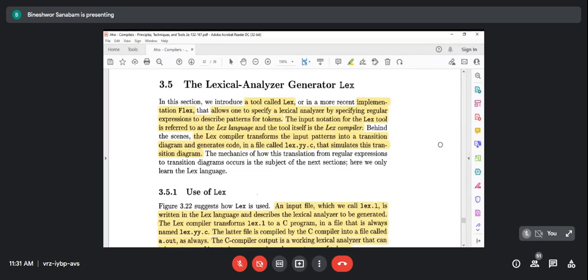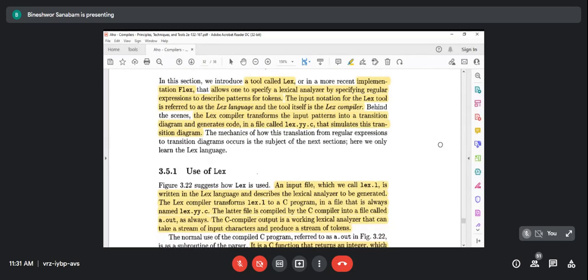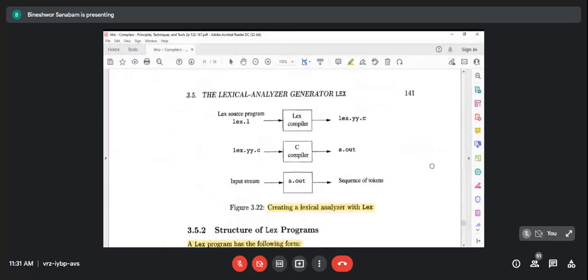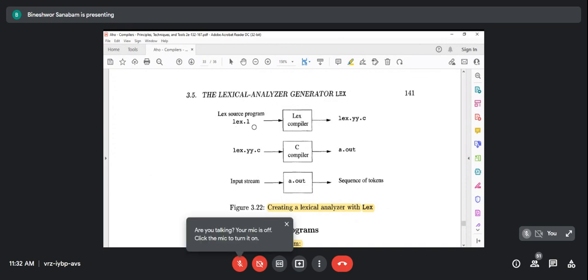Before reading this, let me show the diagram first, then you'll understand it. This is how the lexical analyzer is created. First you'll have this Lex source program with the extension .l, and the language is, as I mentioned before, Lex. So you write the program as lex.l.